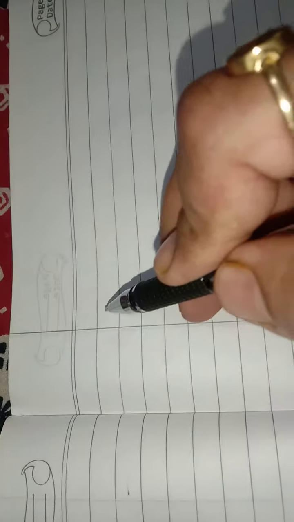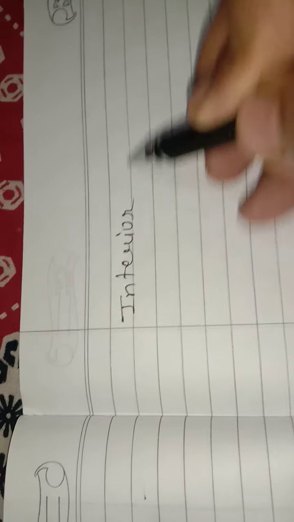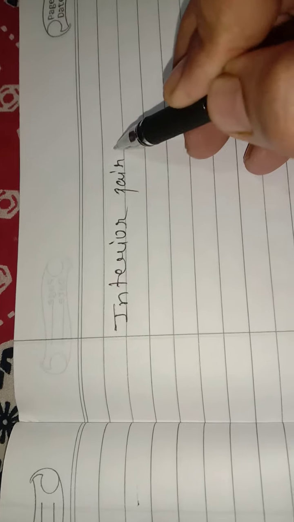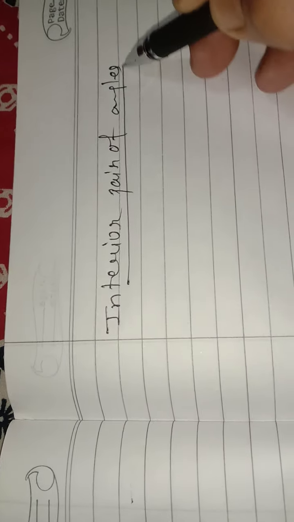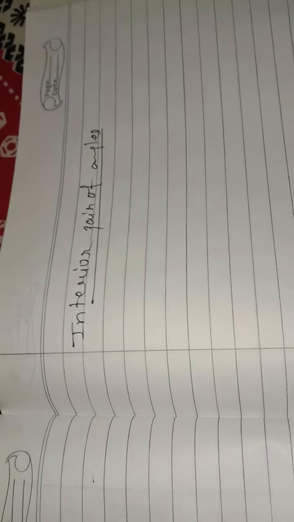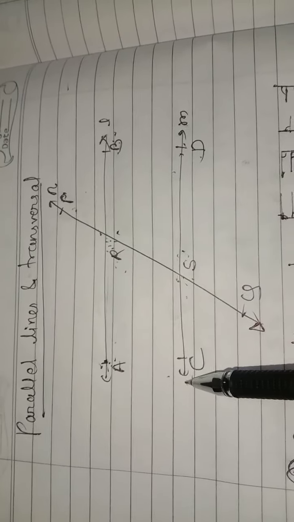And the next one is very important, interior pair of angles. What is the meaning of interior pair of angles? The angles which lie on the same side of the transversal are called interior pair of angles. You can see here this angle lying on the same side, here also this angle lying on the same side.